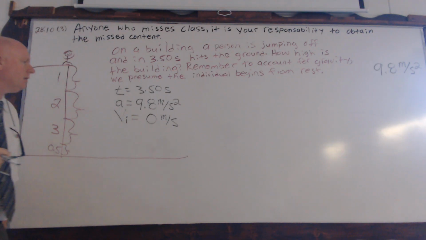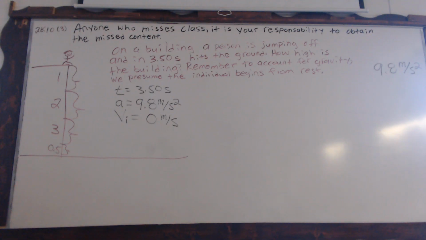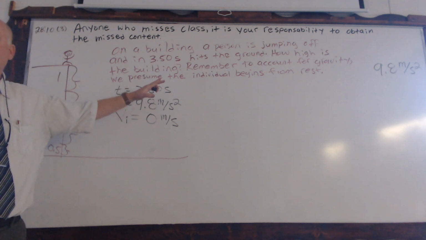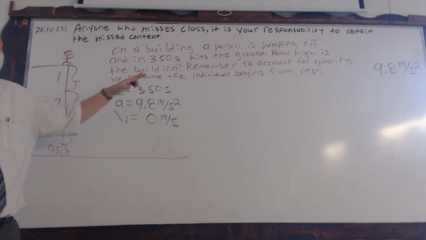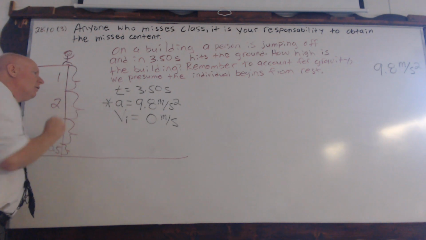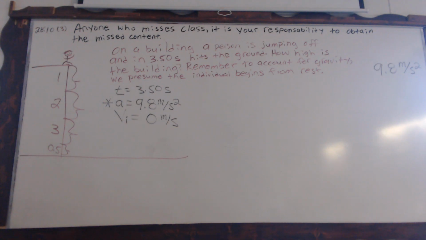Okay? So what is the question ultimately asking? How high is the building? So we really can't do anything with this, but this is our clue right there. Because what does the acceleration formula tell you?